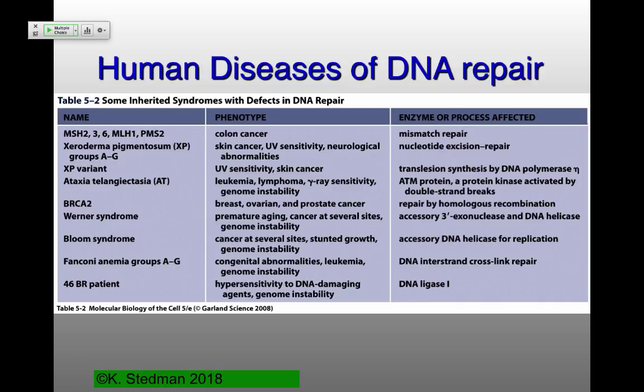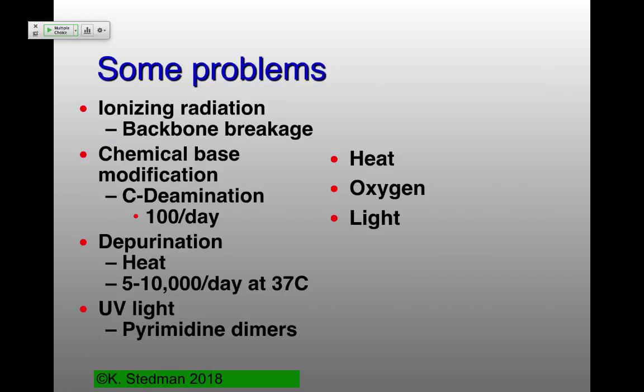So if you've inherited, unfortunately, one of these particular alleles of a gene, you're going to have very high rates of cancer. And these turn out to be important in all the different kinds of repair, which we'll be talking about in just a second. And I'll just talk about how we get mutations, and we'll finish up here. We'll talk about how to repair them on Monday.